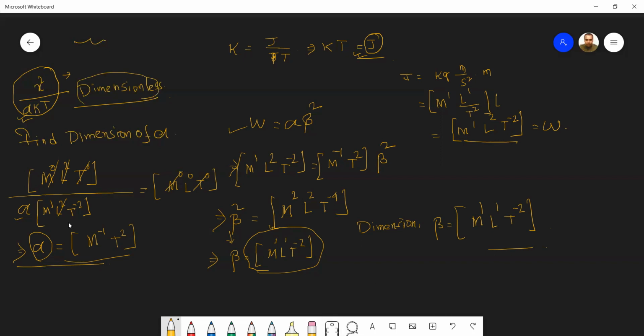So first calculate the dimension of alpha, and then from this relation, because the exponential term is a dimensionless quantity, we can calculate the dimension of beta. This was a very conceptual question, and was asked in JEE Main 2021.